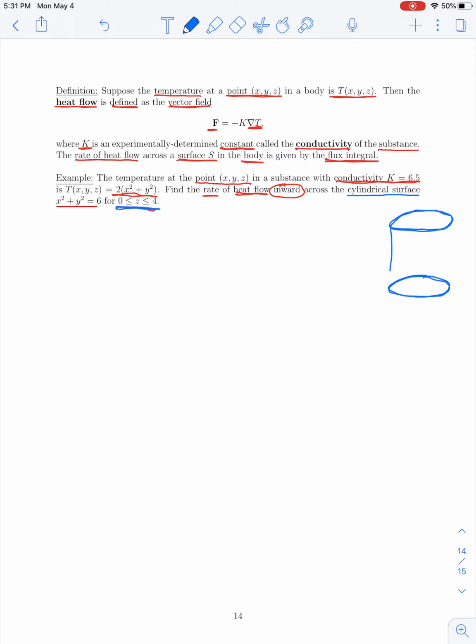So we have a cylinder that looks like this, where our radius, r, is the square root of 6, and our height would be 4 here. Our bottom part of this cylinder is in the xy plane, z equals 0, and the top of our cylinder lies in the plane z equals 4.